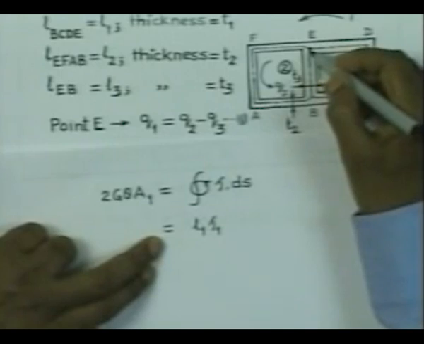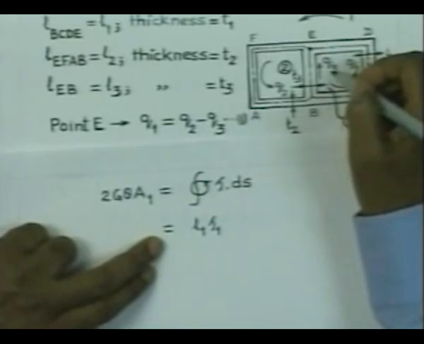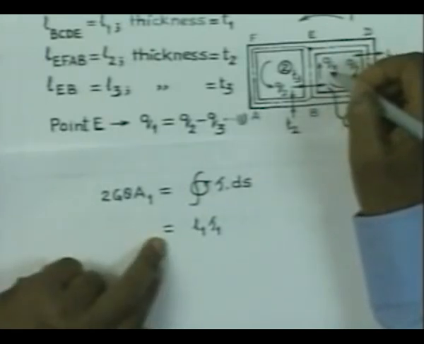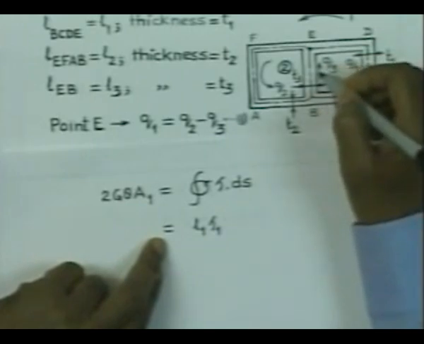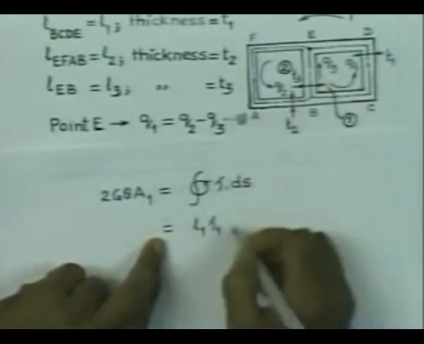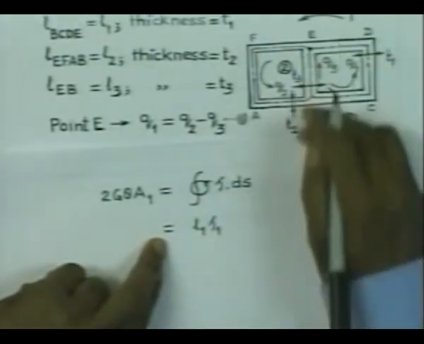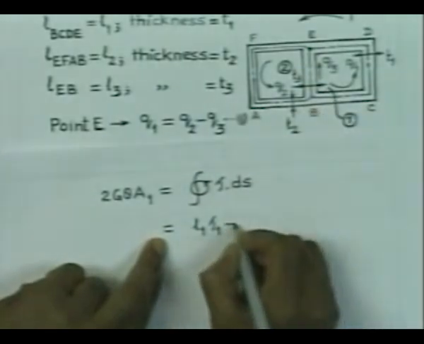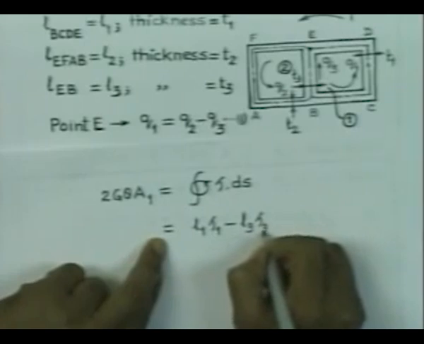Now, we have to complete the contour from E to B, and when we are going in this direction, our flow direction or the shear stress direction is different. Since the thickness is T3, the shear stress, let us say tau 3, will remain constant, and therefore, the integration from E to B would be equal to L3 multiplied by tau 3.